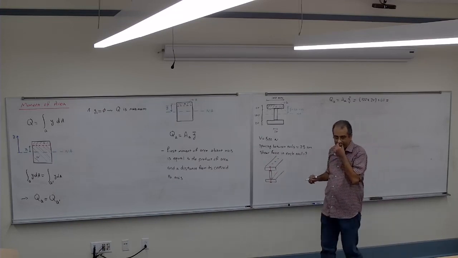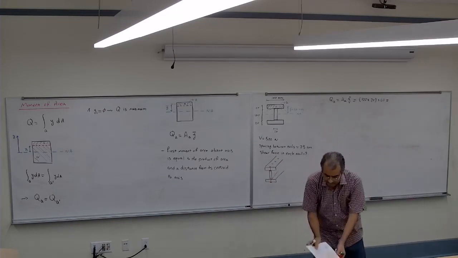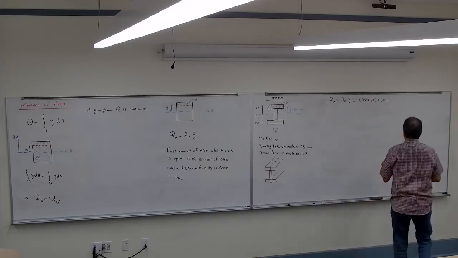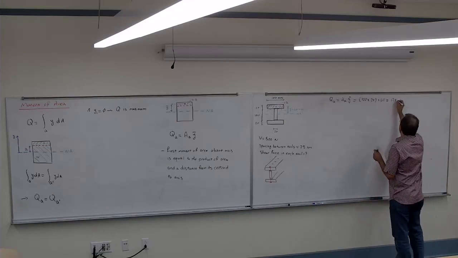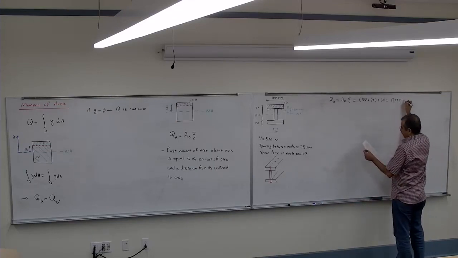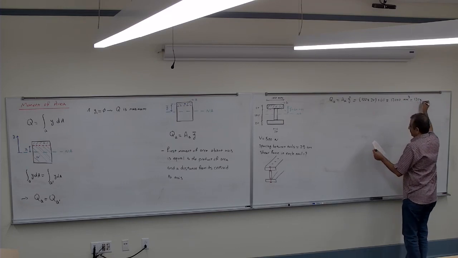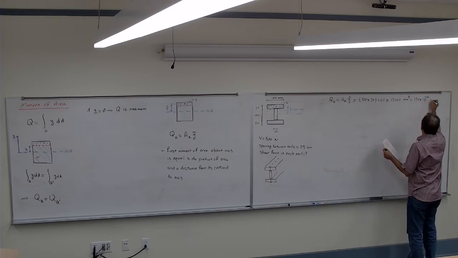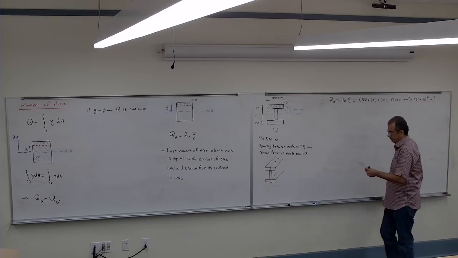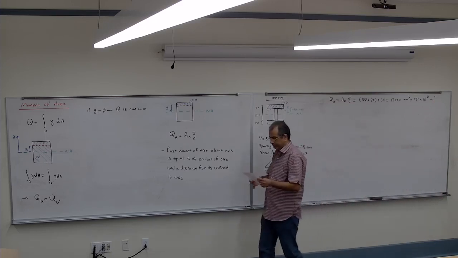So how much is that? 12,000. It's going to be 12,000 millimeter cubed, or 120 times 10 to negative 6 meter cubed. I have it in meters.